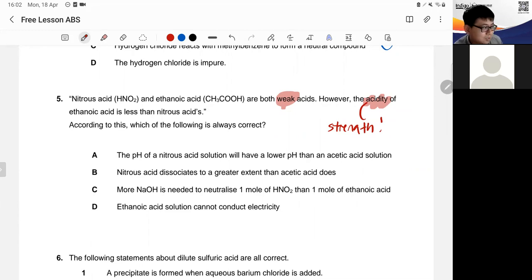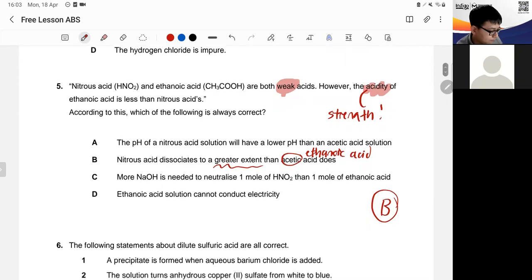So if I look at the answer, surely you can tell me it's B. Even though they are both weak acids, nitrous acid can dissociate to a bigger extent than acetic acid. Acetic acid is actually ethanoic acid, it's the same thing, just a trade name for it. The one that dissociates to a greater extent will be slightly stronger, because that's what strength is about: dissociation.